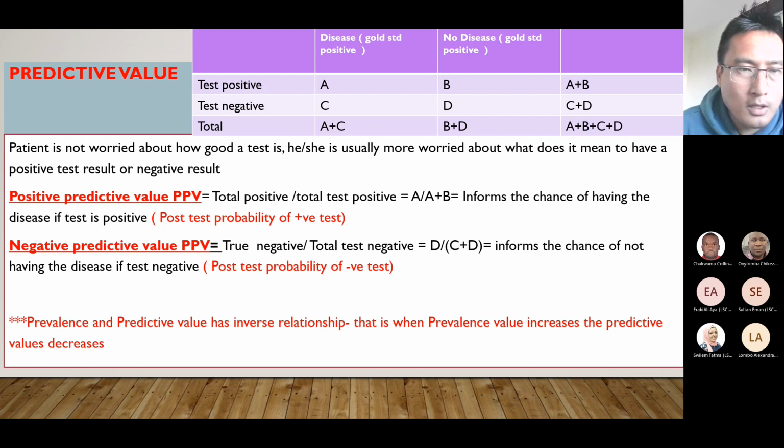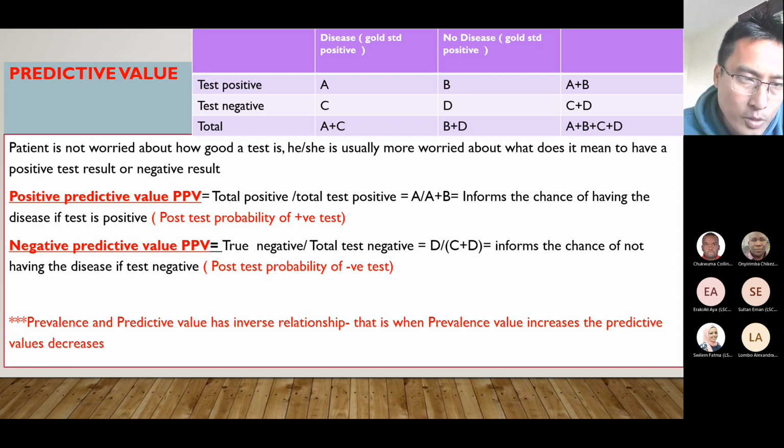Now there are other terms in the cross-sectional study, called positive predictive value. For example, the patient is not worried about how good the test is. They are more worried about what a positive test result means.